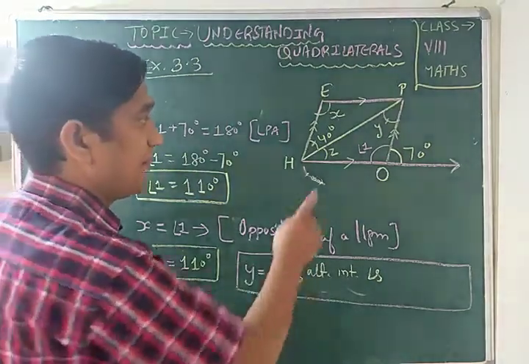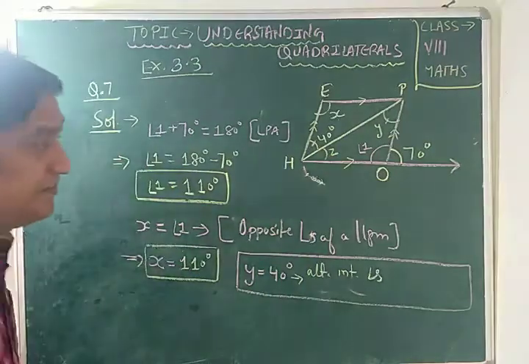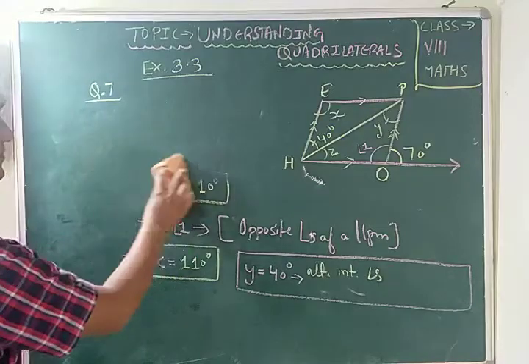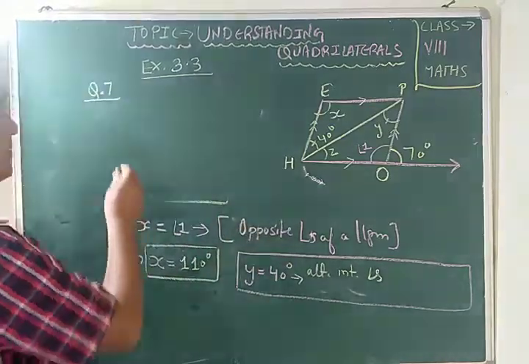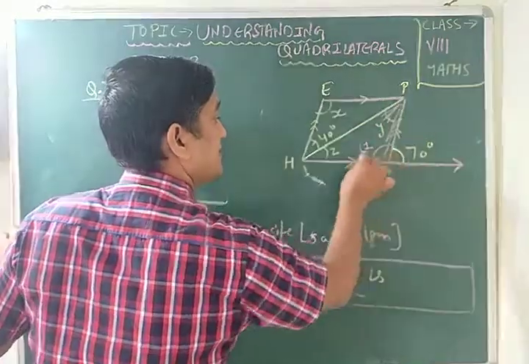Now which one is left? Z is left now. Now we can apply the concept here. In this triangle, children, observe this figure.